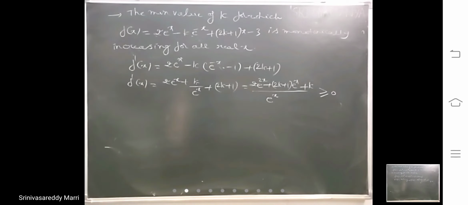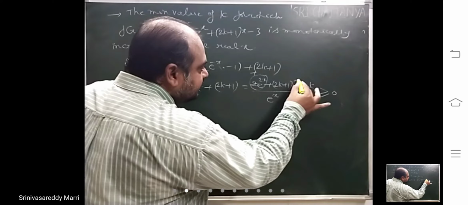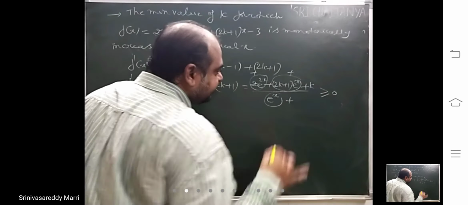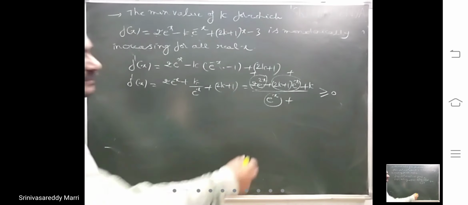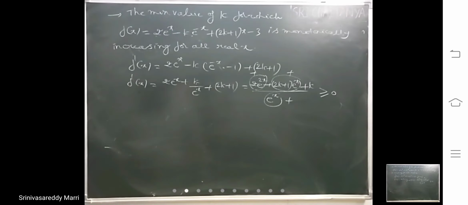Now if you observe, the denominator term is always positive, because e power anything is always positive.